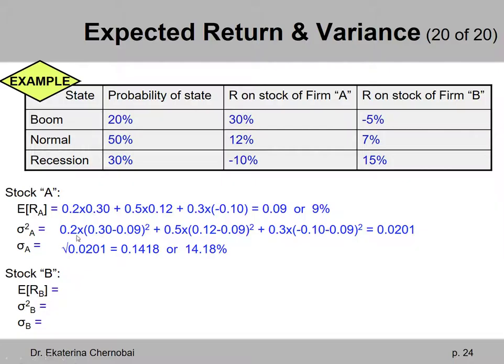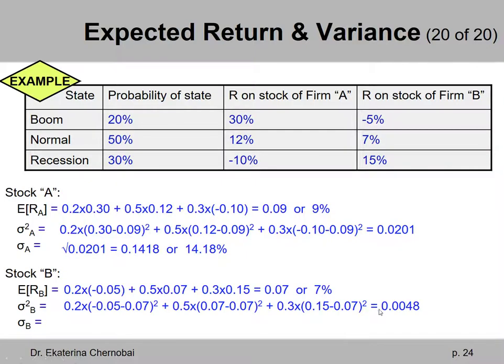So just like I did it for stock A, I'm multiplying the probability by the return in that same state of the economy, and then I'm adding those products across all states, which gives me a 7% expected return. The variance is 0.0048 when I use all numbers in decimals, and the square root of my variance is 0.0693 in decimals, which is 6.93% standard deviation.